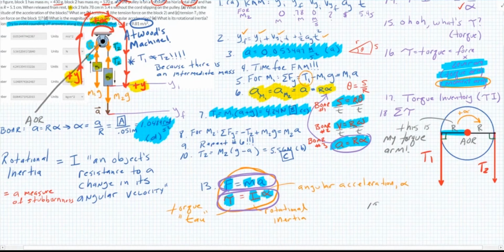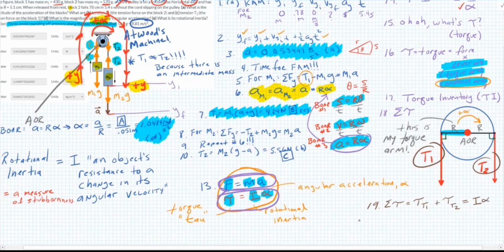Number 19, sum of all those torques. I have a torque due to tension 1, and then I have another torque due to tension 2. Both of these tension forces are producing a torque, and whatever those torques are, they blend together to equal mass times acceleration. But in the angular world, I don't say mass, I say rotational inertia or rotational mass. And I don't say acceleration, I say angular acceleration.